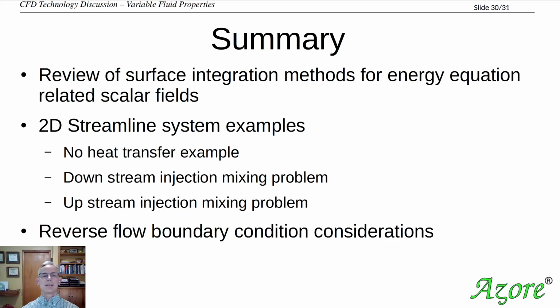We've looked at downstream when we inject, and how our integration plane can be impacted by different flow structures. And then we briefly discussed reverse flow boundary conditions, and if we have those, how we should choose our boundary conditions to have repeatable values, especially if we're doing comparison-based simulations.